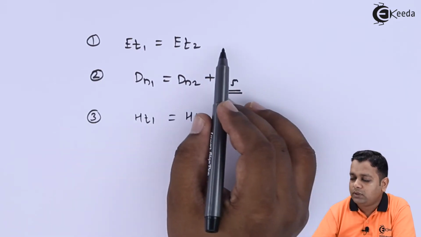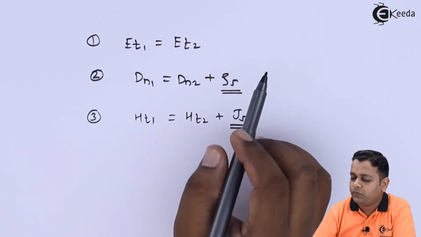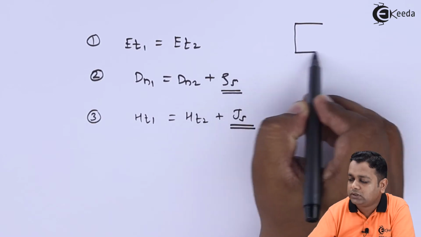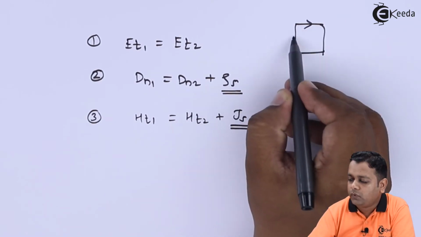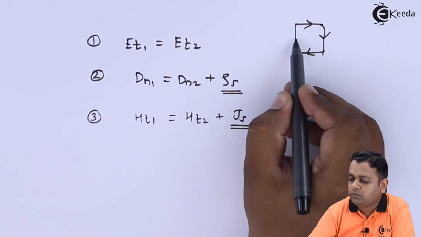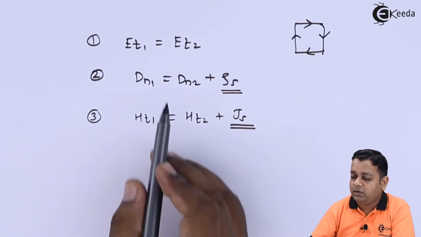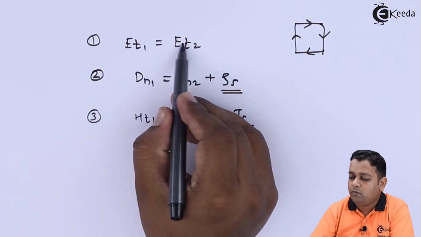For deriving the first two equations, generally for the tangential components, we have such a loop here, and for this particular loop we take the help of Stokes theorem and derive the tangential boundary conditions.